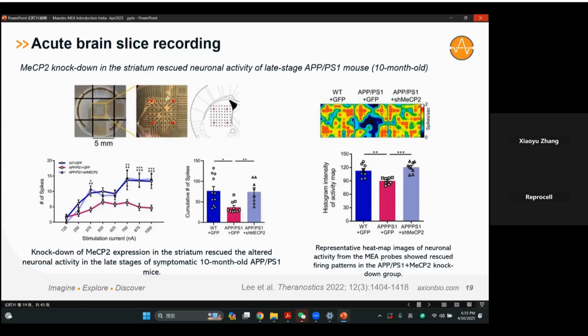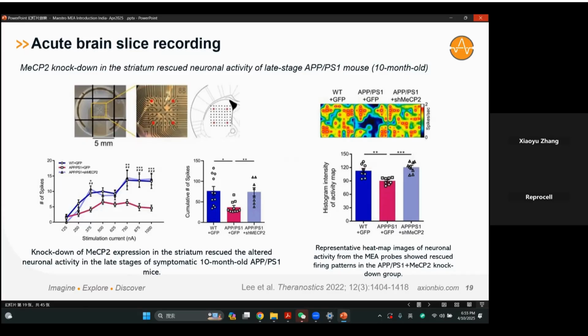And on the top right, the heat map images also indicated rescued firing patterns. So overall, the MECP2 knockdown in the striatum can rescue defective neuron phenotypes in this Alzheimer's disease model.